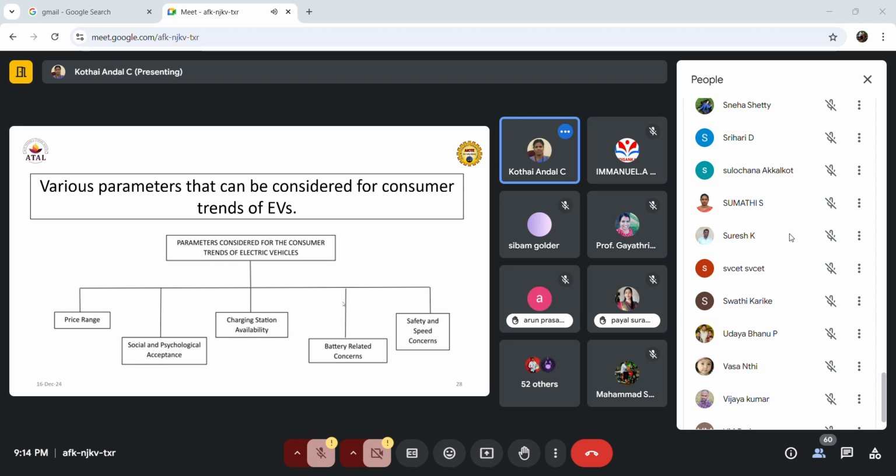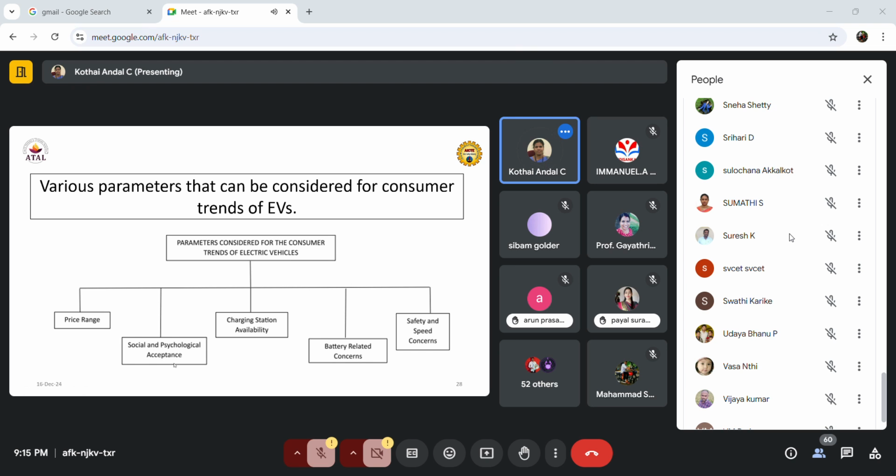Then, considering customer trends and parameters: price range and social and psychological acceptance, and we are still lagging here. The price range is comparatively a little high compared to IC engine vehicles. For social and psychological acceptance, people are still afraid because in the newspapers we see battery accidents, where vehicles parked in summer areas had batteries catch fire.